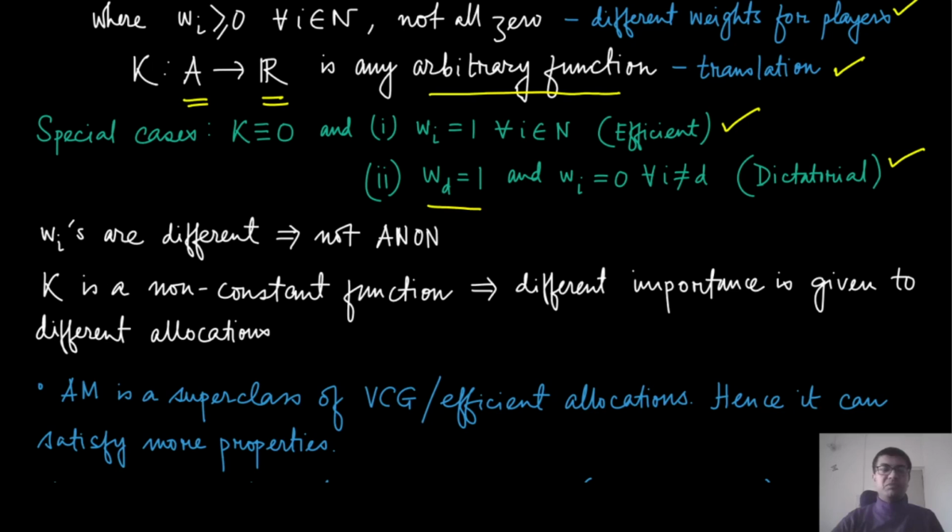Anonymity says that the players can be renamed, but the outcome should not change. Similarly, there is a property called neutrality, which says that even if you alter the alternatives, or the allocations, the outcome should not change, or it should change in a consistent manner. But because of the introduction of this kappa(A), that property is getting violated.